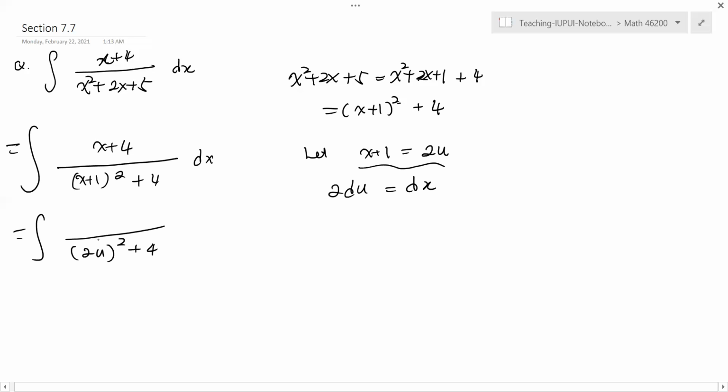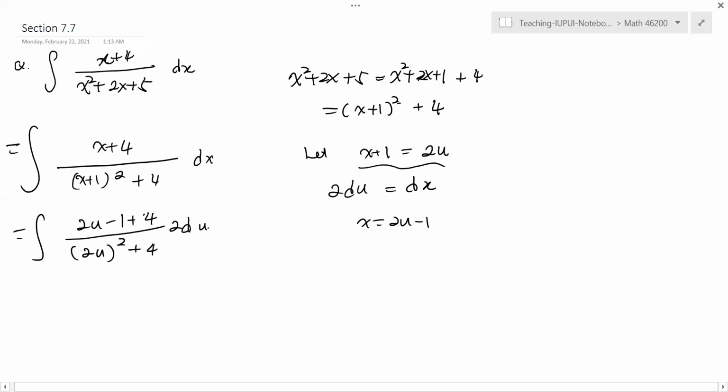Now what is x? x is 2u minus 1, so x plus 4 is 2u minus 1 plus 4, which is 2u plus 3. Okay, dx is 2du, right?